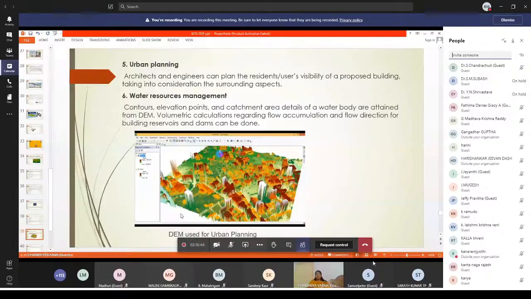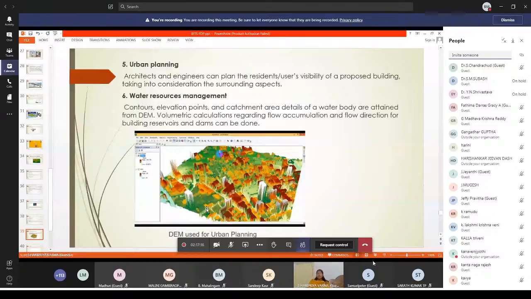And finally, DEM can also be used in water resource management. Contours, elevation points, and catchment area details of a water body are obtained from the digital elevation model. Volumetric calculations regarding flow accumulation and flow direction for building reservoirs and dams can be done. And this is the image taken from ArcGIS software, the digital elevation model used for urban planning.